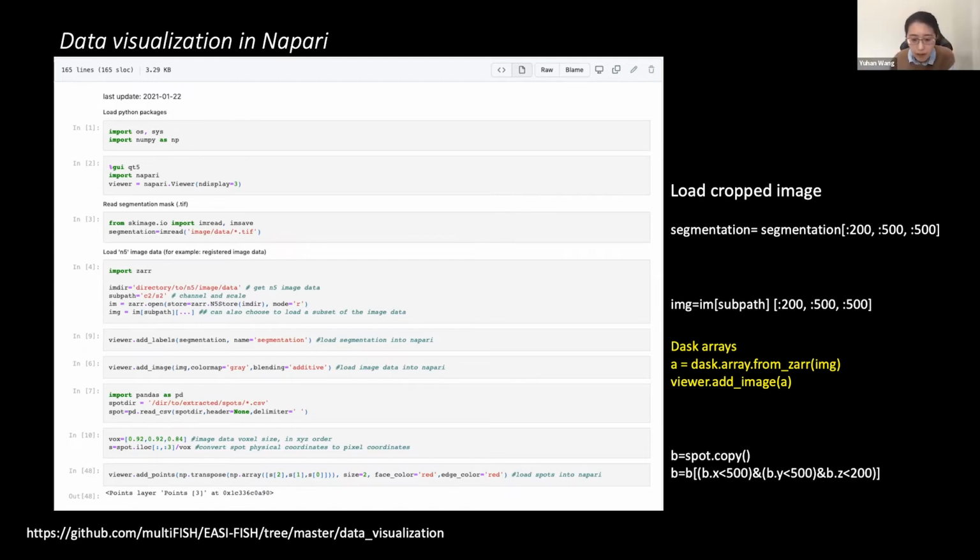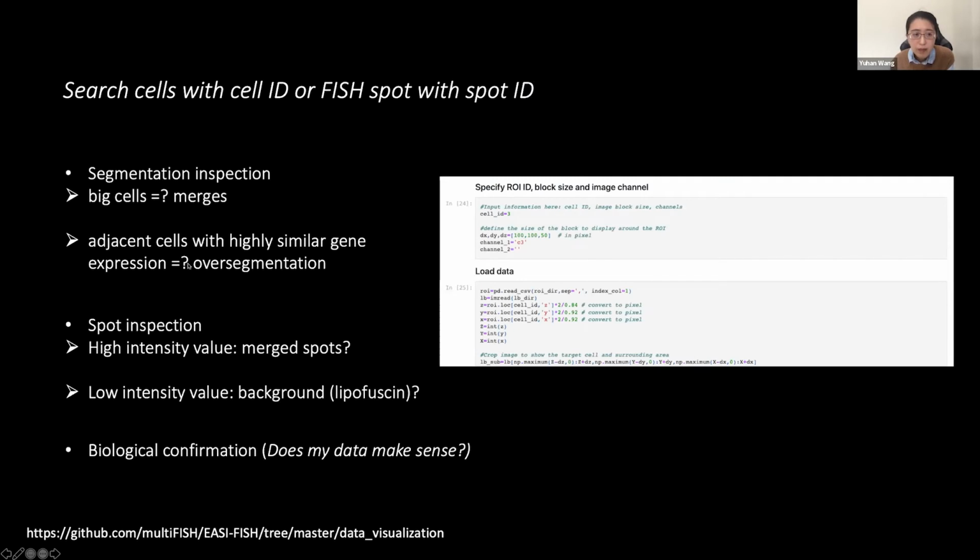And then I guess another big reason that I thought this was super handy was because sometimes we want to search for a particular cell with their ID or a FISH spot with their spot ID. These are scenarios where we're doing a lot of inspections. So we want to know how the segmentation works or how the spot detection works. In this case, when we saw some big cells where the cell size is very big, we want to know, are they merges?